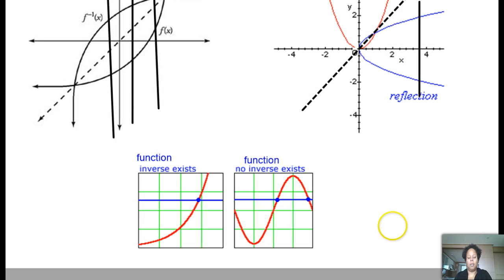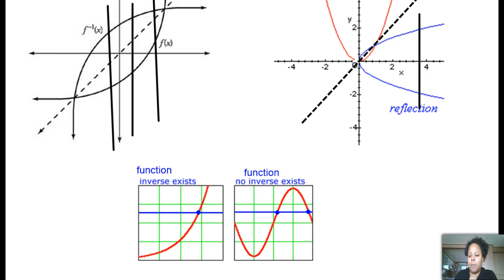A good way to determine if a function has an inverse before graphing the inverse relationship is the horizontal line test. Remember, in the vertical line test, a relationship fails to be a function if it intersects a vertical line more than once.